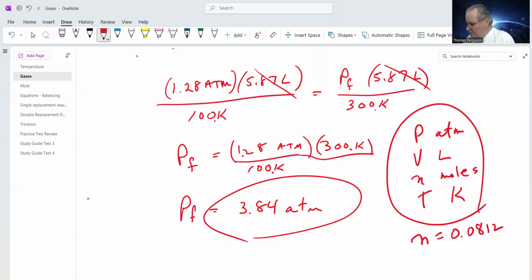Now, when you get into 1A or 2A, you may be using pascals for pressure or millimeters of mercury, and then the R is going to change. So different R's depending on what units you're using. But for our class, we're using the simple atmosphere, liters, moles, and Kelvin.